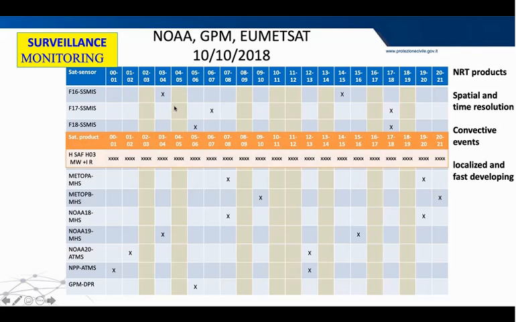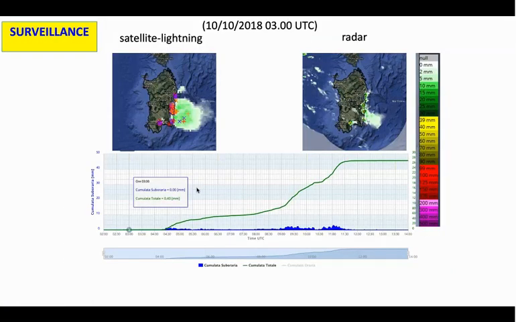But as colleagues showed yesterday and today also, we have in H SAF the microwave and infrared blended product, H03, that has the characteristics of the SEVIRI data of Meteosat Second Generation, so it is available every 15 minutes, with a spatial resolution of around 3 kilometers at our latitude.